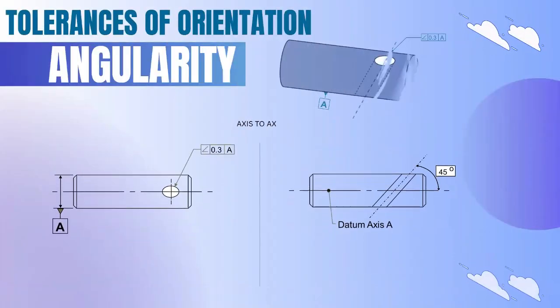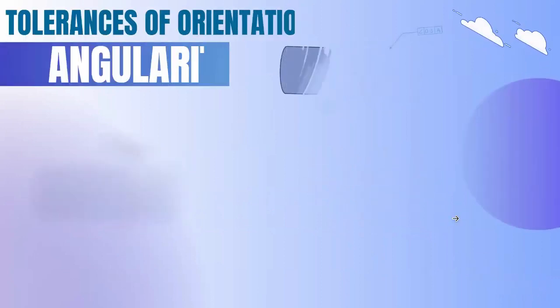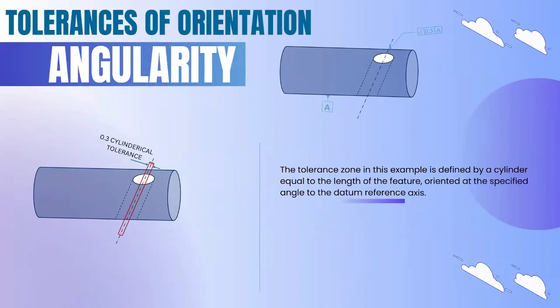Okay. Next, this is another scenario. Here the feature is an axis, and the datum is also an axis. The angle will be 45 degrees, as you can see in the right side drawing. Here the tolerance zone will be a cylindrical tolerance zone because the feature is a cylinder.